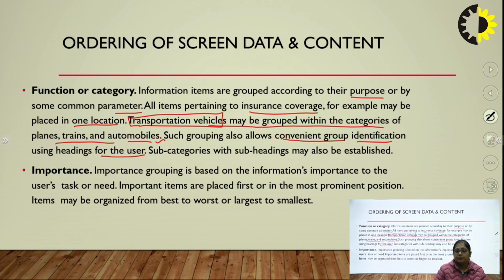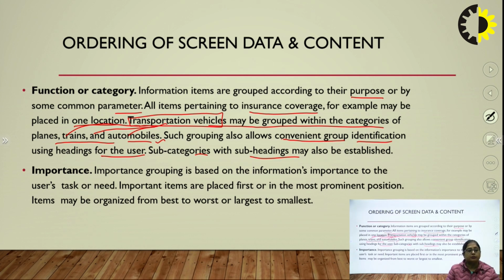But firstly the user goes for the transportation vehicle, which contains planes, trains and automobiles. And sometimes we use subcategories and subheadings for the ease of the user.